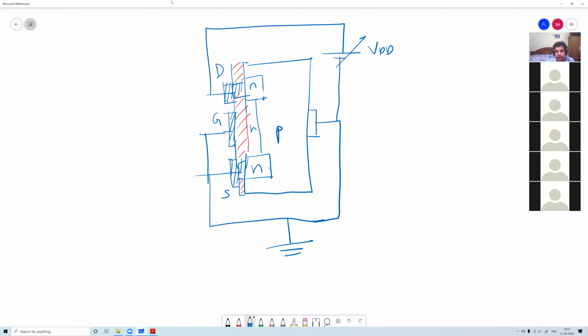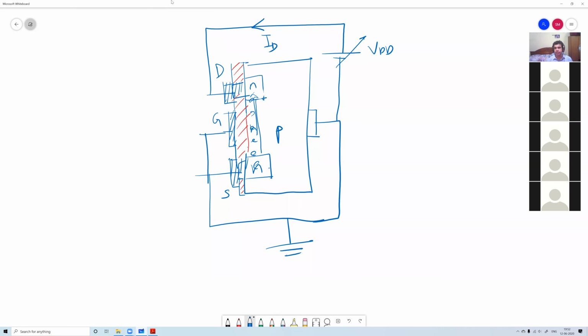Here there is a highly concentrated N-type semiconductor region. There are lots of free electrons. The free electrons would be attracted towards the drain. The free electrons will move in this way, and the current will move in this way. Okay, agreed?